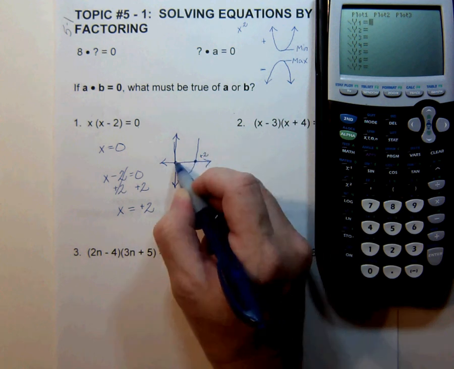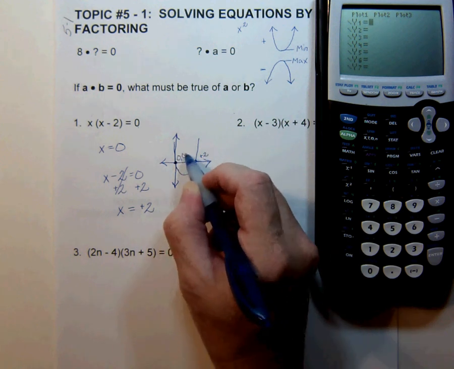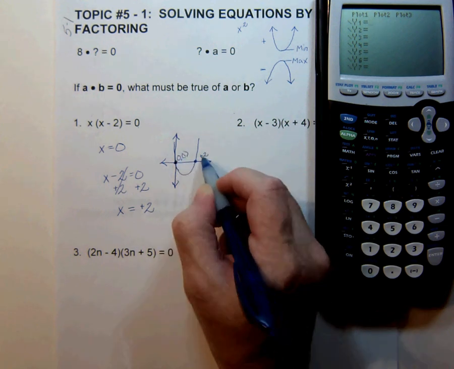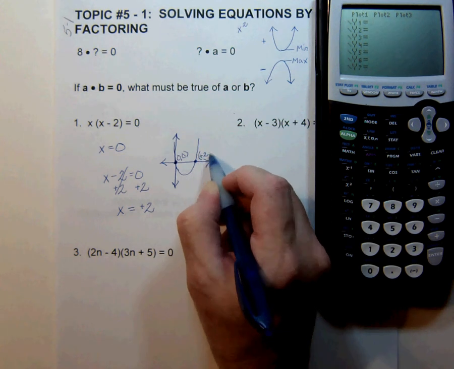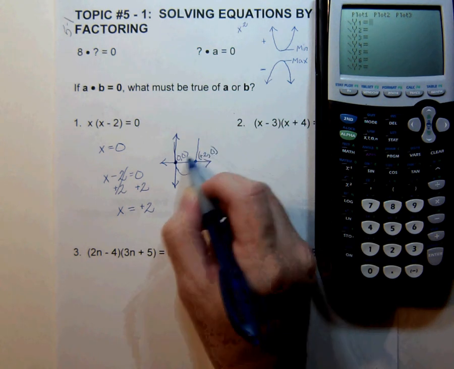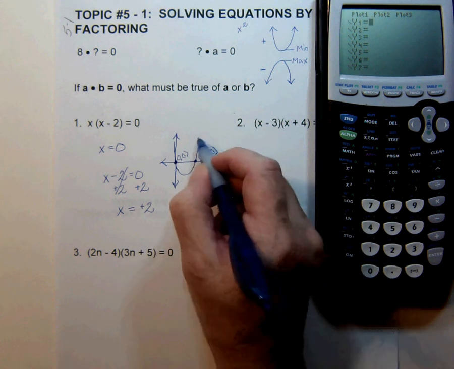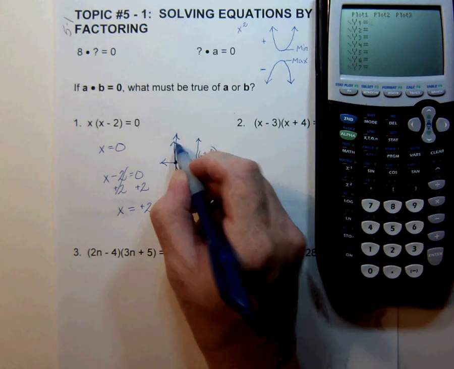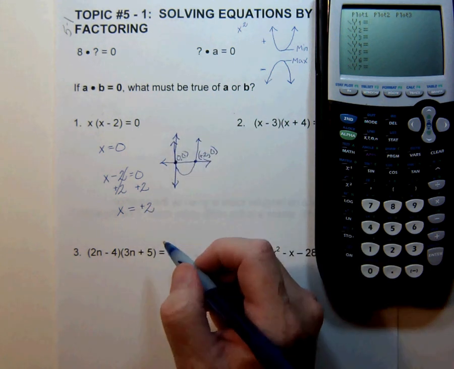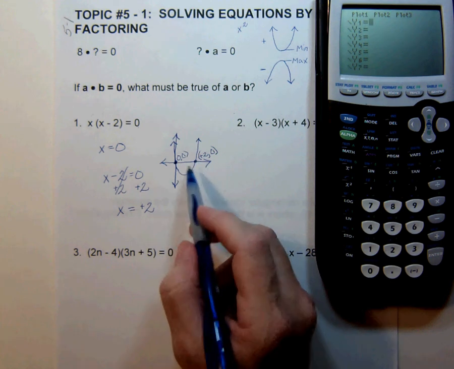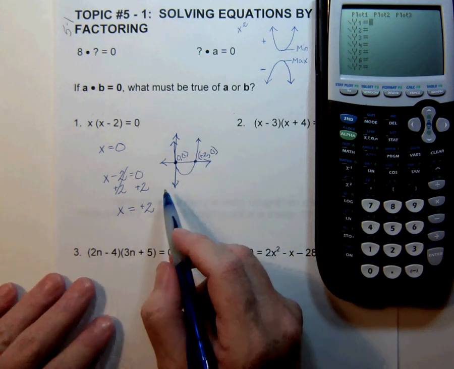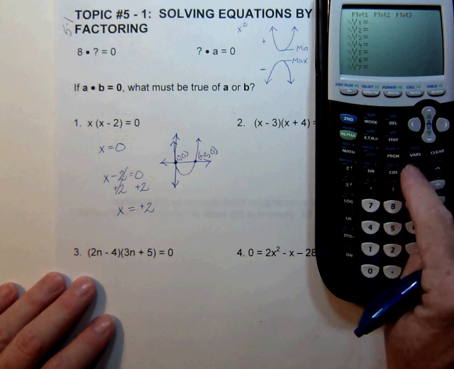This point would be at 0, 0 as a coordinate point. This is actually at 2, 0. Your y's will always be zeros, which later we'll discuss how to look for in the table in your calculator. You don't have to show it by graphing now, but I'm just giving you a little bit of a head start. So let's try this one since I have a calculator here.